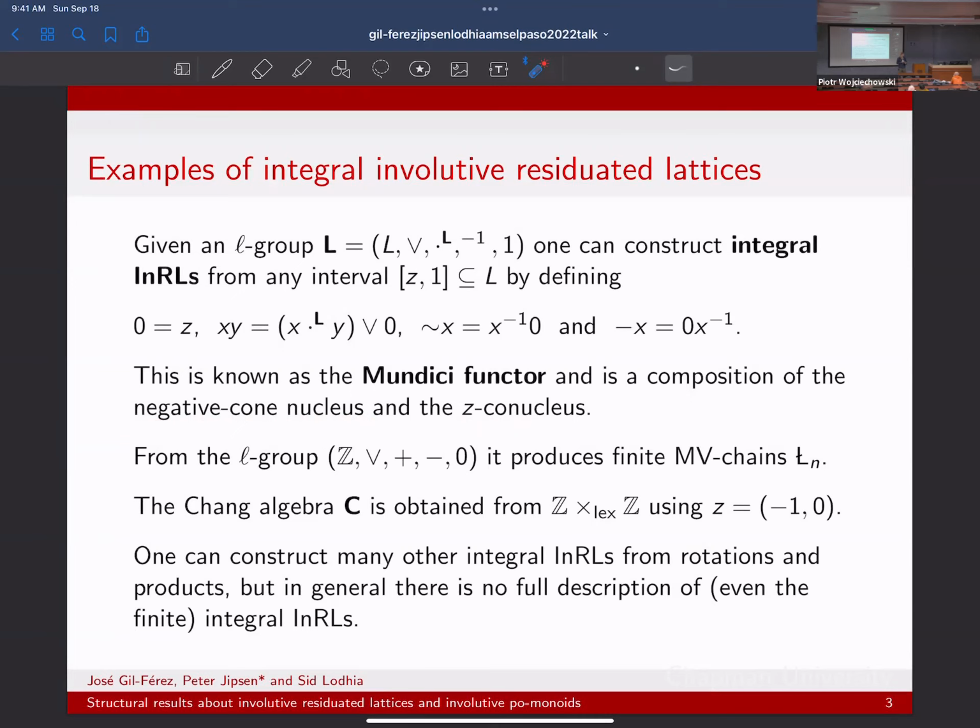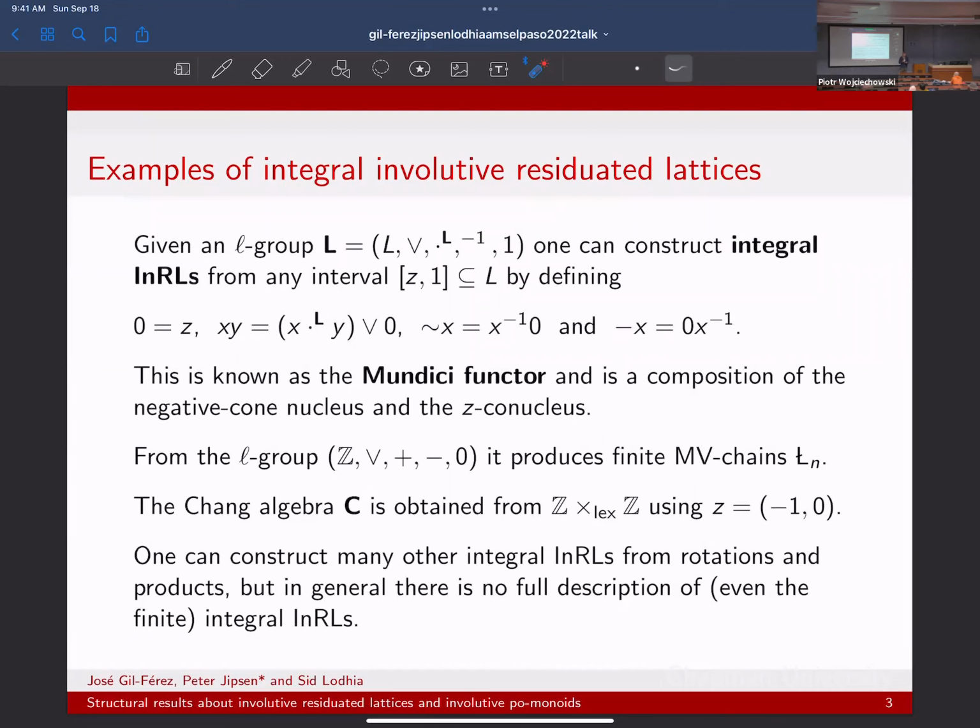And what you really do is you call the 0 Z, you redefine your multiplication, which could go below Z, as something that is just going to stop at Z abruptly. You force it to, everything gets joined with 0, and then you define the tilde and the minus in this way, showing that they don't have to be the same if your group is non-commutative.